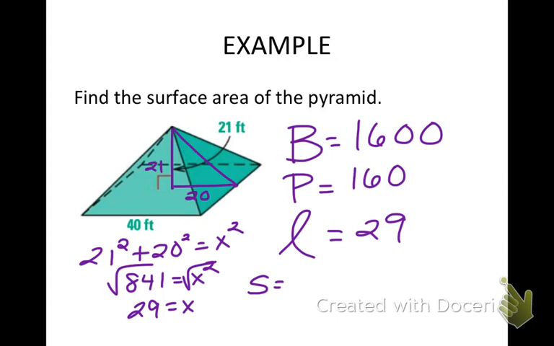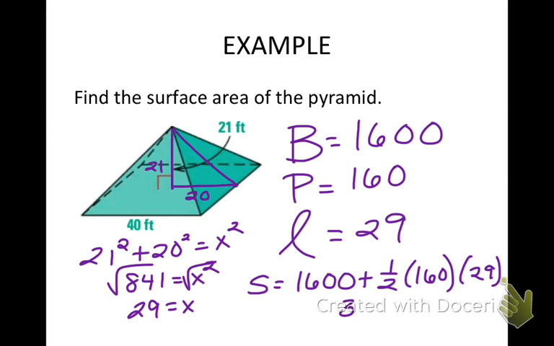Surface area is equal to one of our B's, so 1600 plus 1/2 my perimeter, which is 160, times your slant height. So 1600 plus 0.5 times 160 times 29 gets me 3,920 feet squared.